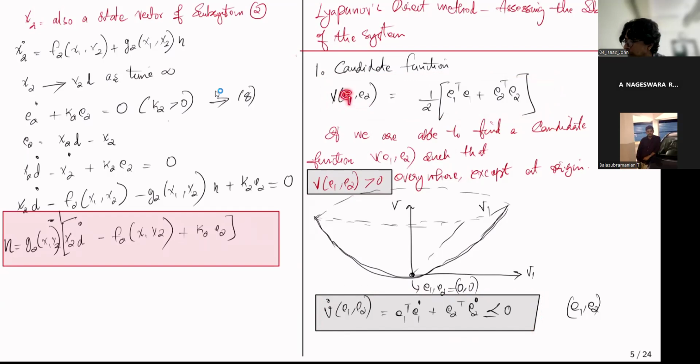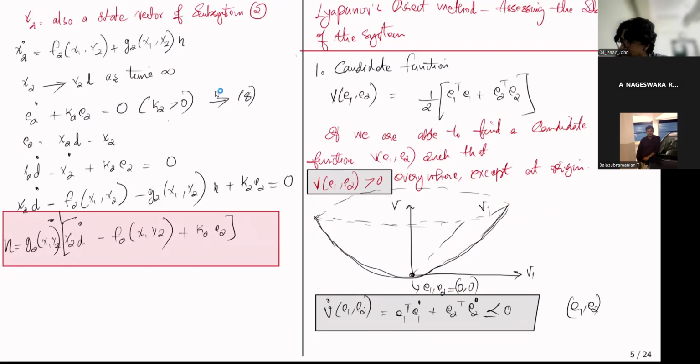No matter how much error you have, maybe at some finite error values, somewhere around here, E1 comma E2, due to this decreasing slope or decreasing derivative, as time evolves the errors would always come to this zero origin.